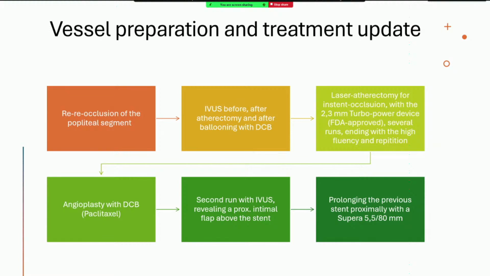It was a reocclusion, and that's why I did an IVUS before and after atherectomy. I used the laser atherectomy device, the 2.3 Turbo Power, which is rotating in the vessel, so I can get a much better lumen gain.